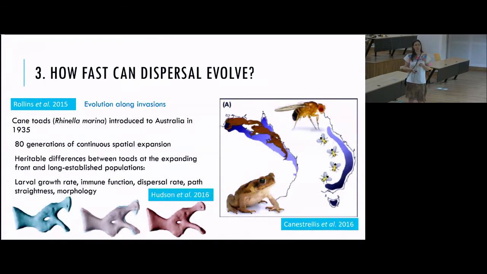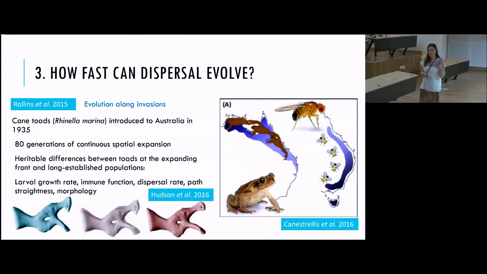And since I wrote the review, there were really a lot of very nice papers about this system of cane toads that were introduced to control some insect eating the cane in Australia. They never controlled the pest, but they became a pest themselves. And nobody eats them because they are toxic, and they spread throughout the north of Australia, causing a lot of ecological problems.